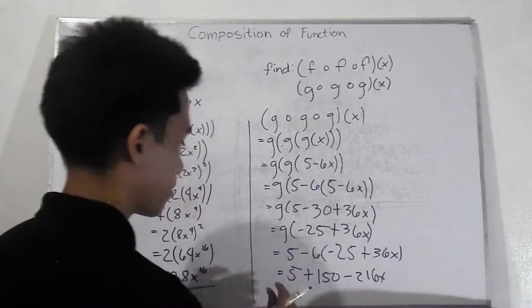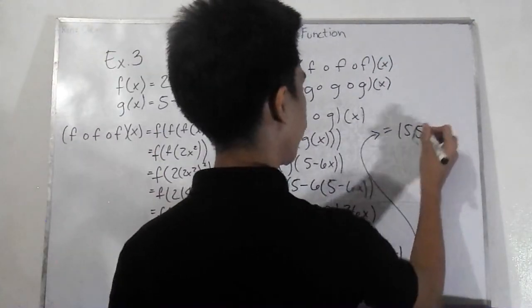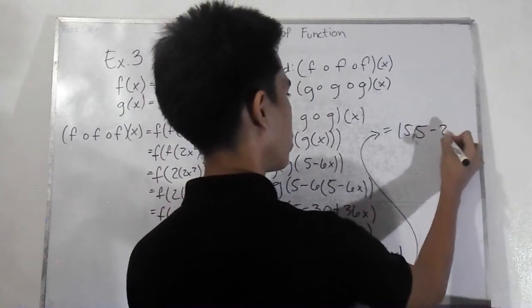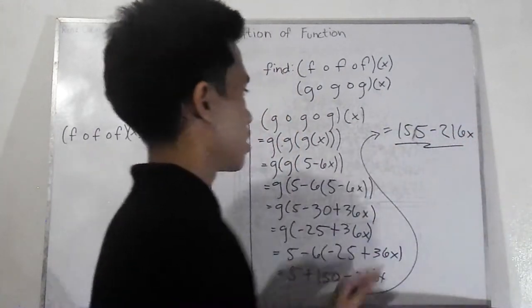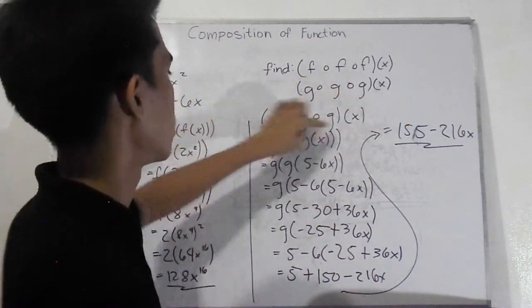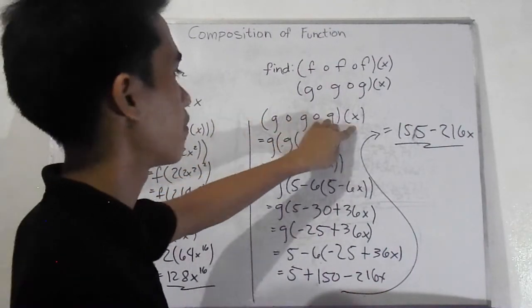So it can be simplified. So the answer is 155 minus 216x. That is your answer in this g composition of g of x.